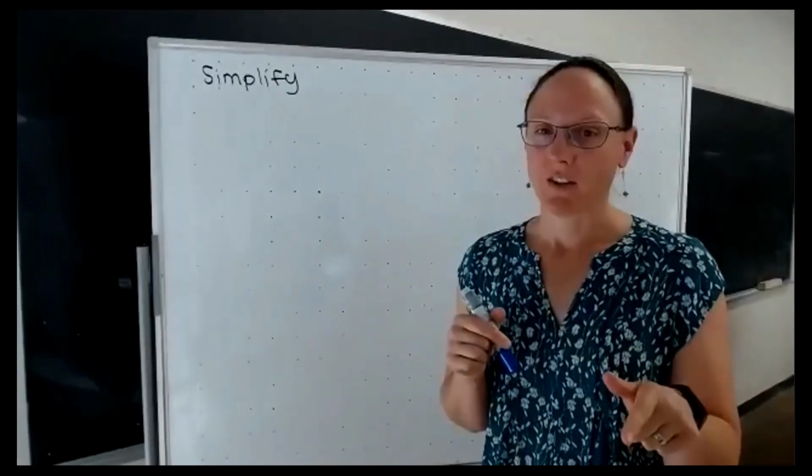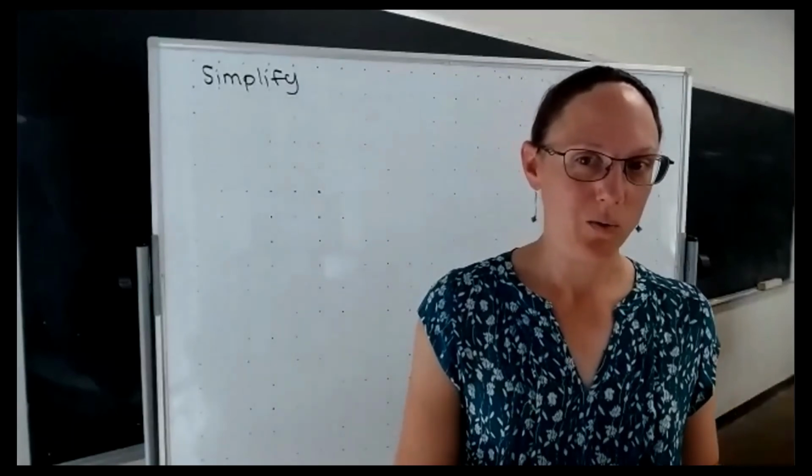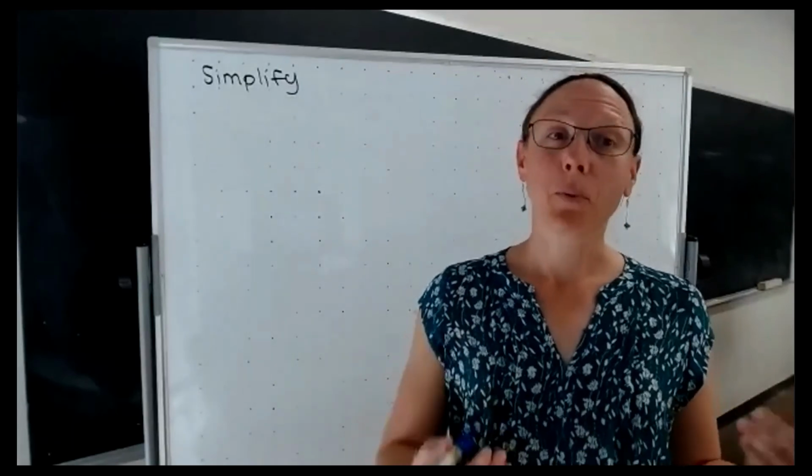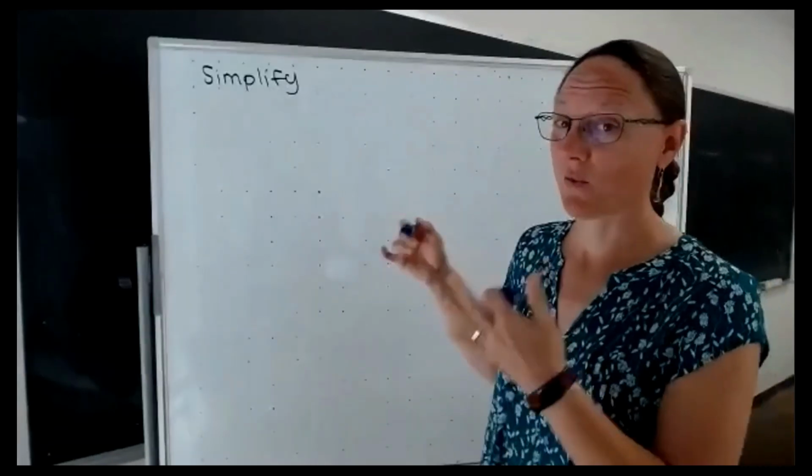I'm going to let you in on a little secret. We can divide by almost 0. But the problem that comes up with 0, and I wouldn't take notes on this for a second.